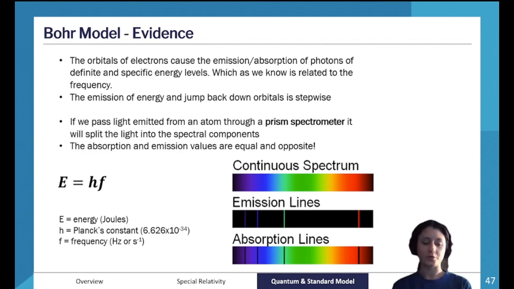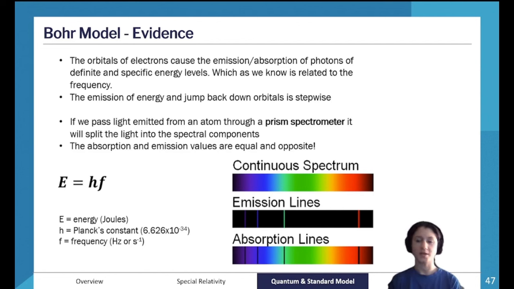So let's get on to some evidence of the Bohr model. As you can see here, I've shown you what a continuous spectrum looks like, with all the colors. And then we have the emission lines and the absorption lines. The emission lines show what frequency of light is being emitted, all right?